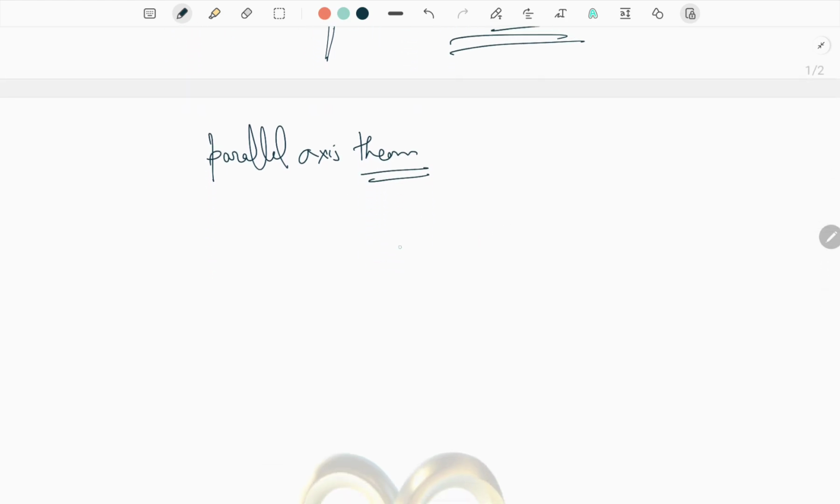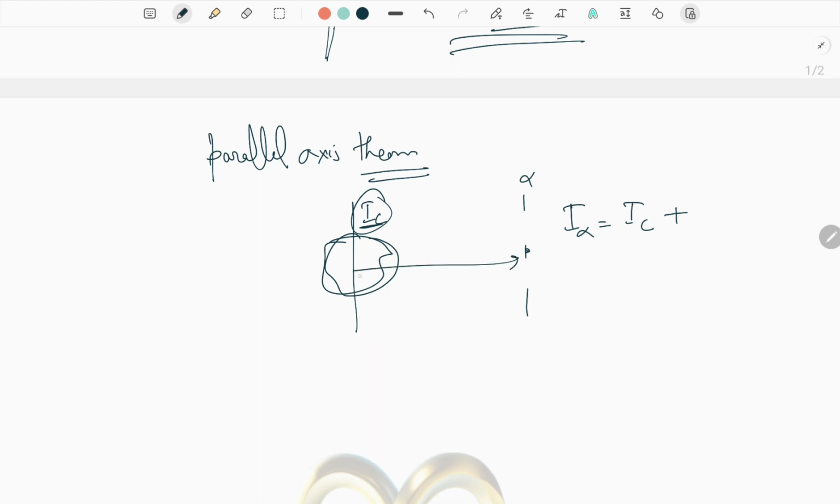If there is a mass with moment of inertia I about its center, and we have to calculate the moment of inertia about another axis, then I about that axis is equal to the moment of inertia of this body about its center plus mass into distance, beta, square. So this is the parallel axis theorem.